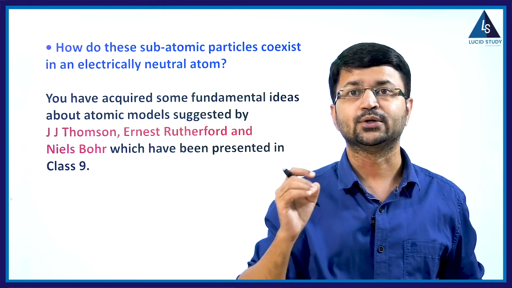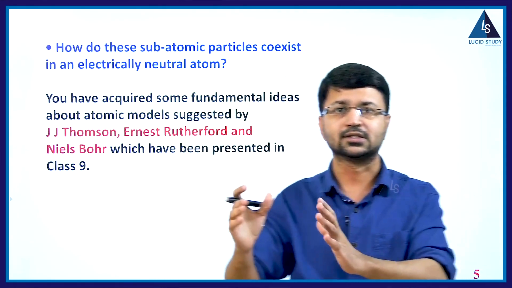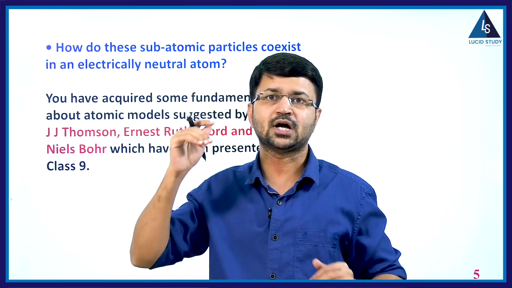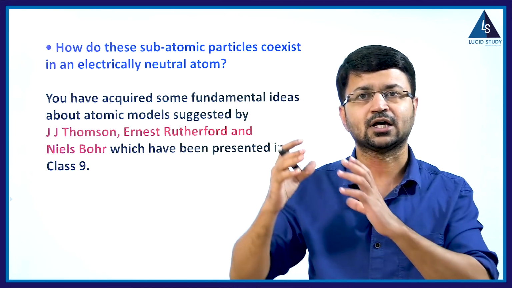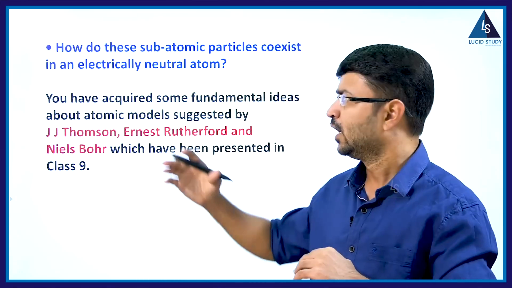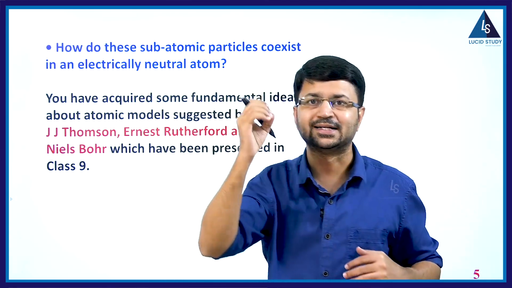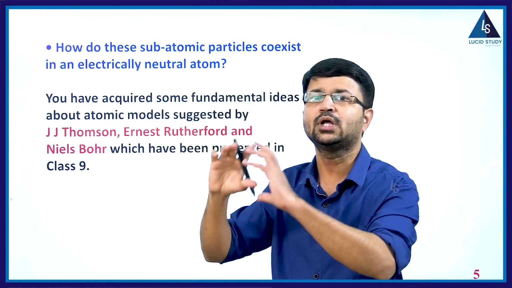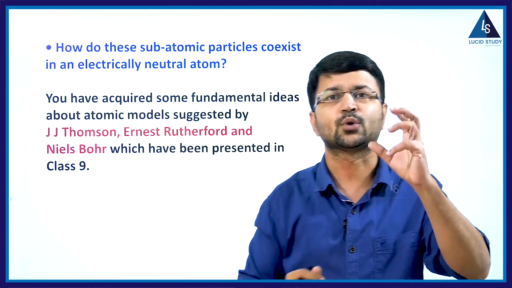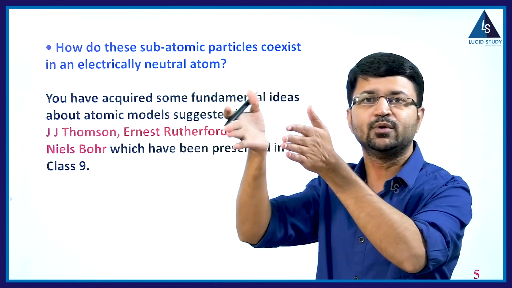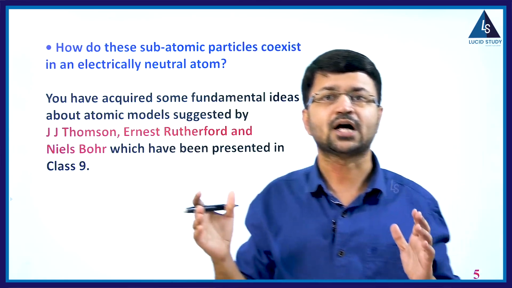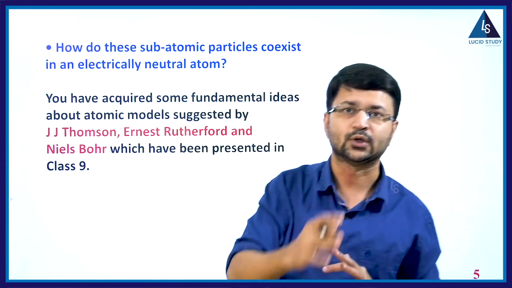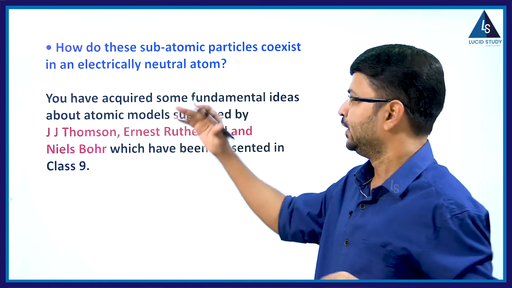Protons are positively charged and electrons are negatively charged species present in an atom. Protons and neutrons are present inside the nucleus, and negatively charged electrons revolve around the nucleus.